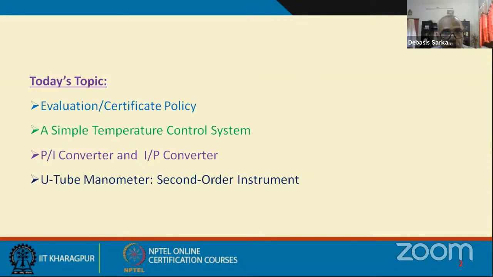And in that connection, I'll tell you about the role of various transducers, and then come to a brief discussion on the pressure to current converter as well as the current to pressure converter that are frequently required in control systems. And then based on your inputs in the forum, I'll also talk about the U-tube manometer. So we'll review some of the aspects of the U-tube manometer that we have already discussed during the course.